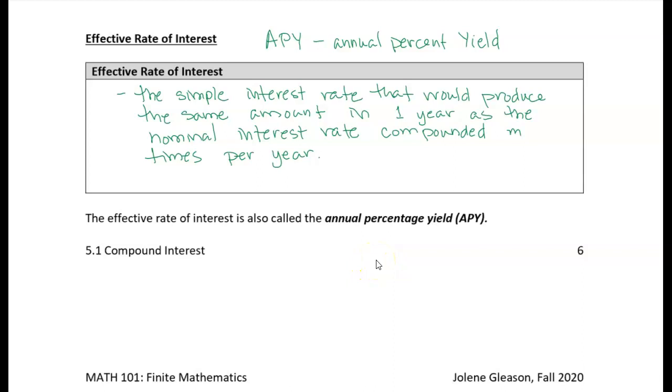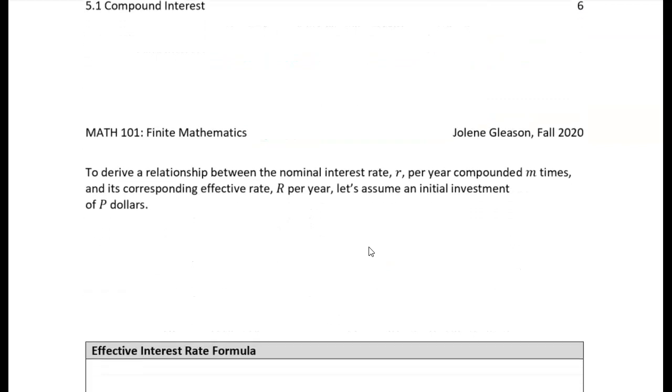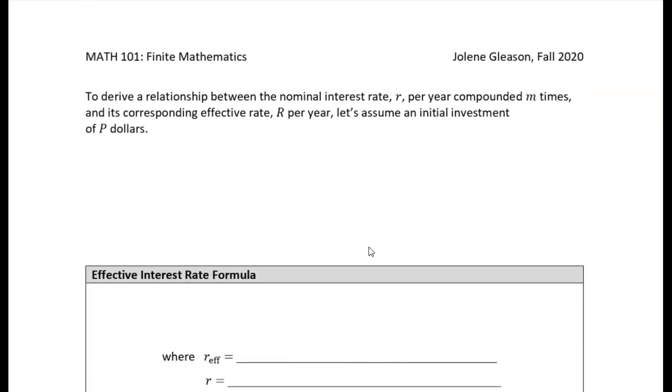All right, so let's figure out how to calculate the effective interest rate for a particular investment. First of all, the definition of the effective interest rate is the interest rate that would produce the same amount in 1 year. So we're going to first of all let t equal 1.